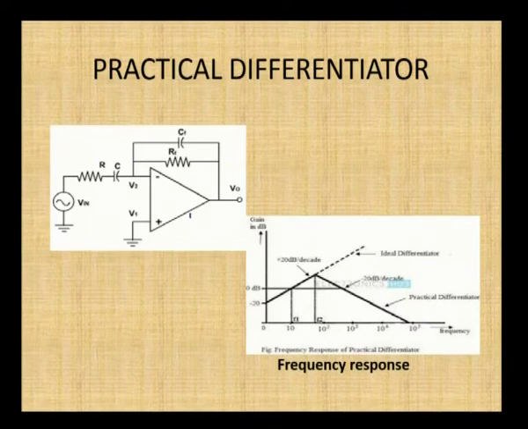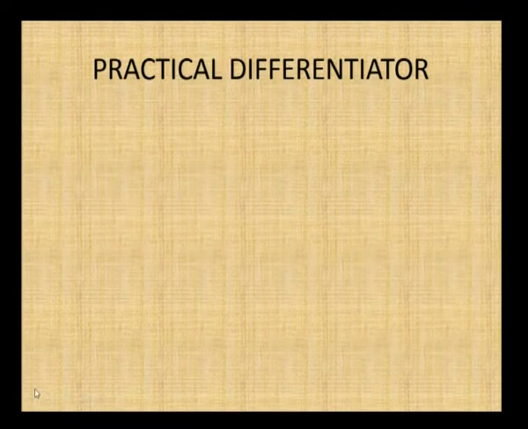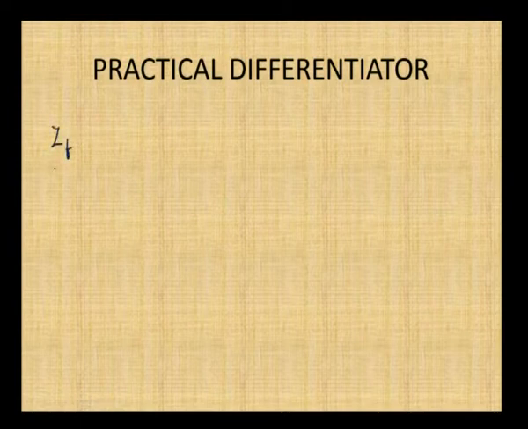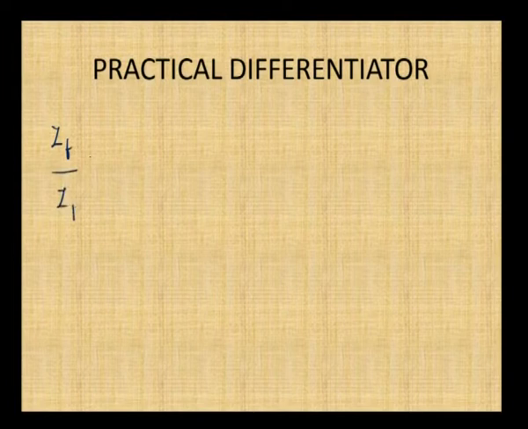And here this is the practical differentiator circuit. What is the difference in the circuit between the practical differentiator and the basic differentiator? On the input side we have included a resistor, and on the feedback side we have included a capacitor. So, again we have to calculate the gain of the differentiator for the practical circuit.